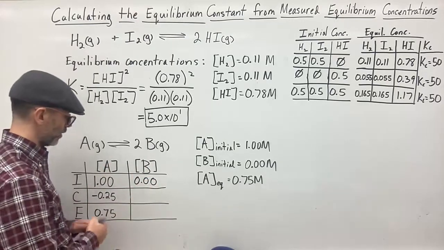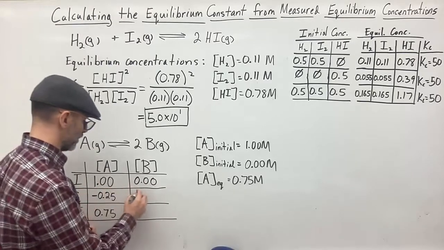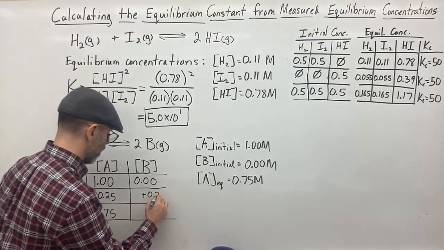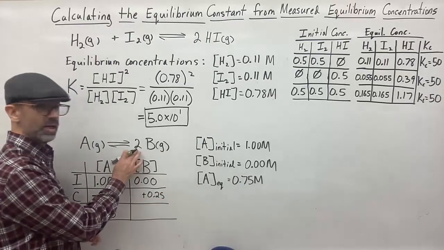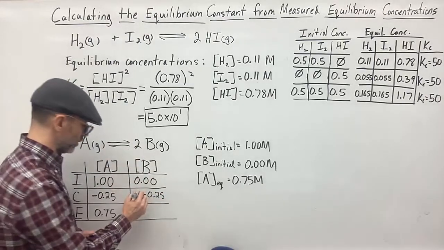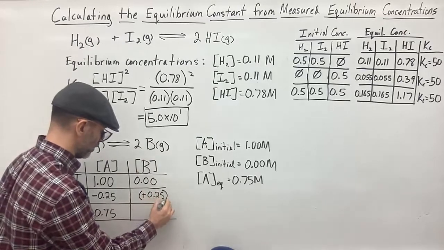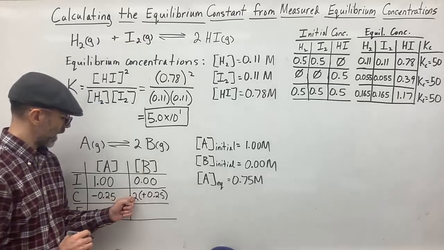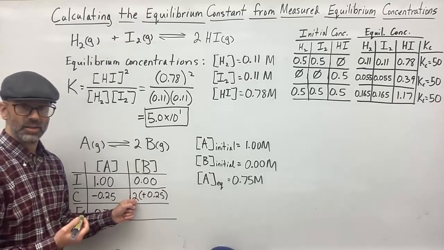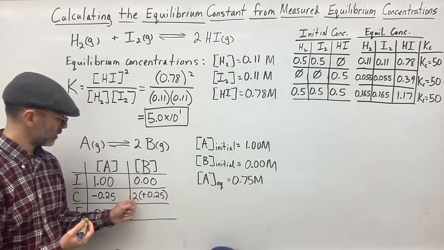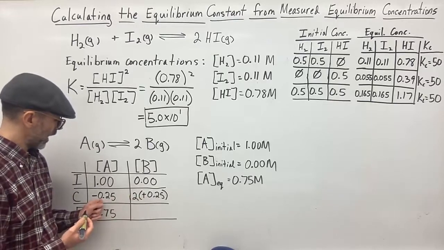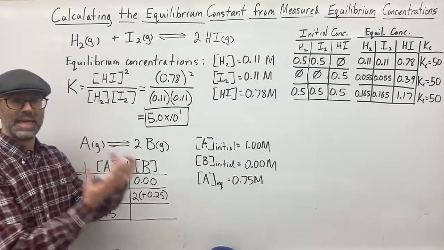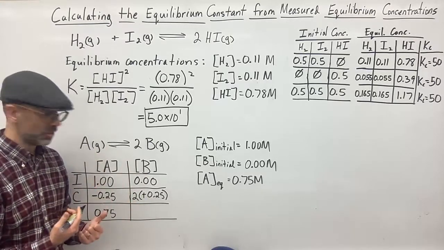So I'm gaining product. Well, how much? Well, it's by the same amount, so it's going to be a positive 0.25. But because I have the 2 here, I've got to double it. So whatever the coefficient is, I put the coefficient here as well. So now the change in product is going to be twice as much as the change in the reactant. And it's positive because I'm gaining product, I'm not losing product.